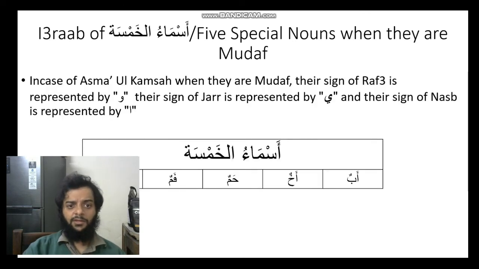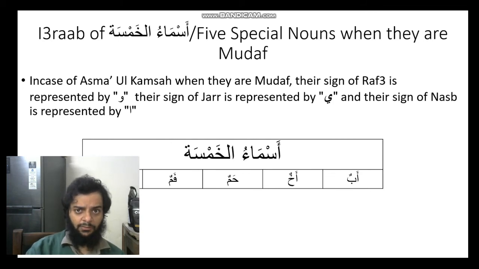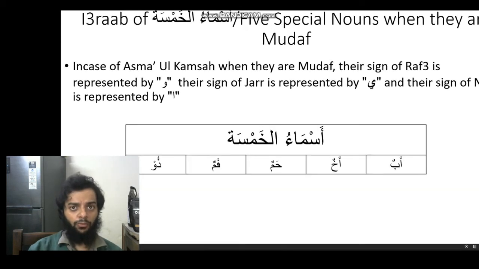In case of Asma Ul Khamsa, when they are mudaf, their sign of rafa is represented by waw, their sign of jar is represented by ya, and their sign of nasab is represented by alif. Asma Ul Khamsa are basically abun, which means father, akhun, which means brother, hammun, which means father-in-law, fammun, which means mouth, and you have du.